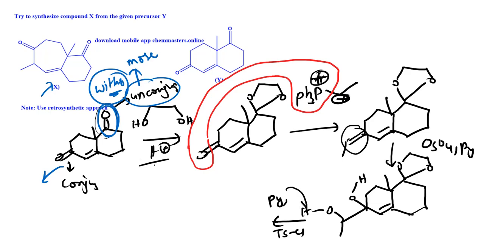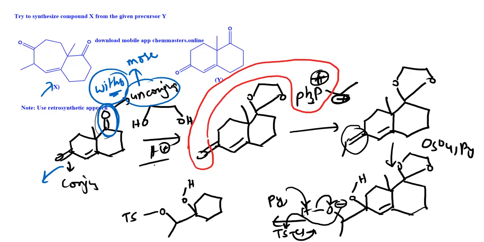Pyridine abstracts this proton, and here is the formation of a negative charge on oxygen. This negative charge on oxygen attacks tosyl chloride with elimination of Cl. So it produces the next product, where tosylation of the hydroxy group takes place. Here is the O-tosyl group, and the protected carbonyl group is there.